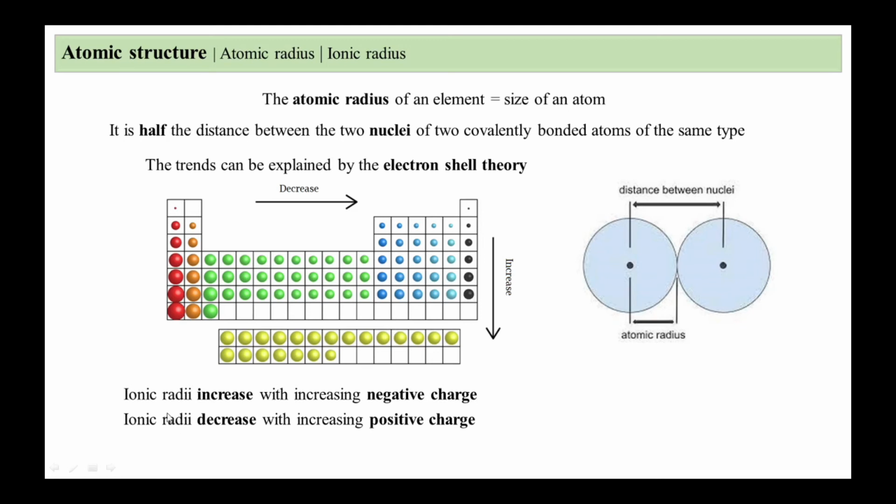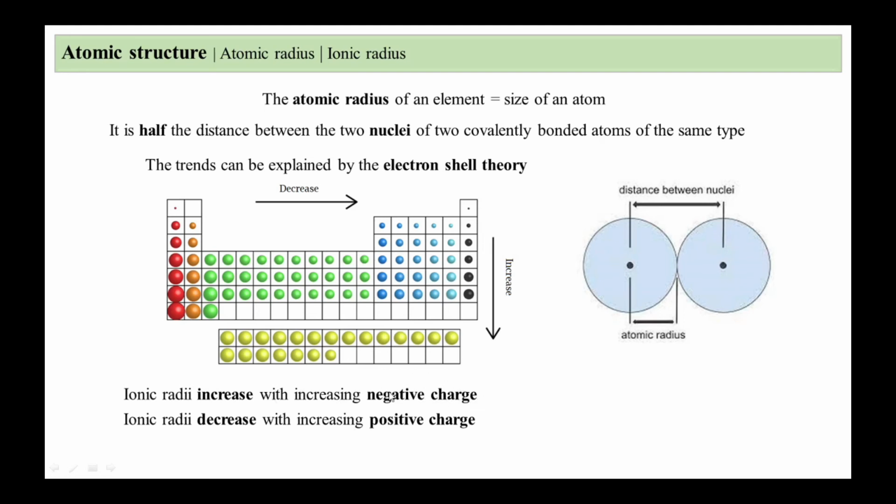For the ionic radii, we can see that the ionic radius increases with increasing negative charge and decreases with increasing positive charge. This can also be explained by the electron shell theory. To make negatively charged ions, we start with atoms and add electrons.